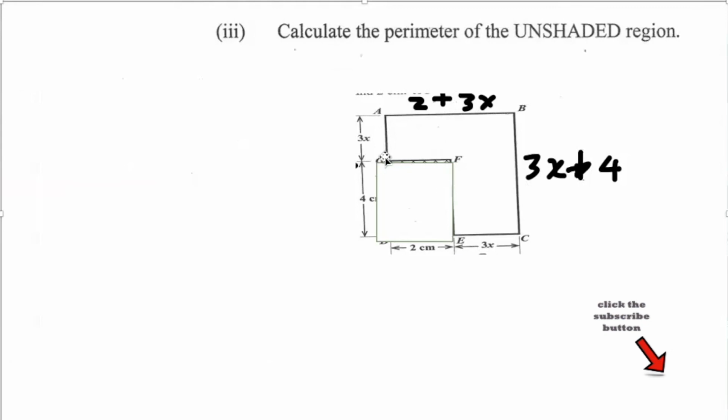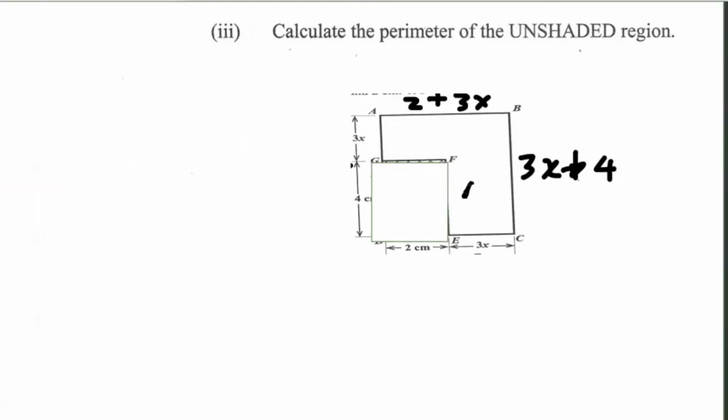I know that EF will be 4 centimeters, since right here is also 4 that I took out. Right here will be 2. This will be 3x. This will be 2 plus 3x and 3x plus 4. So I am going to add all the sides.